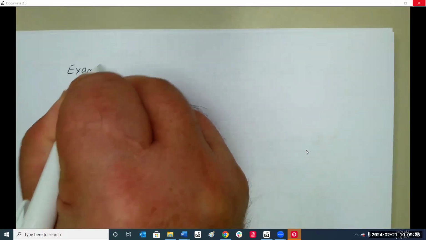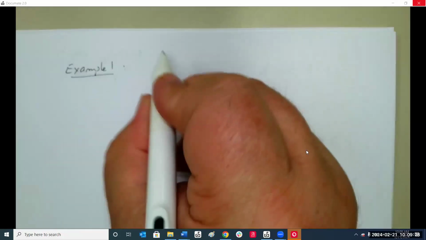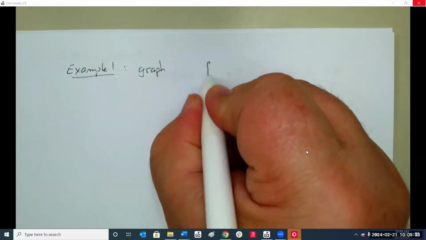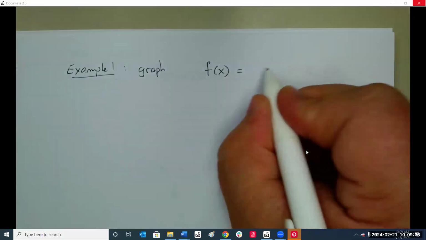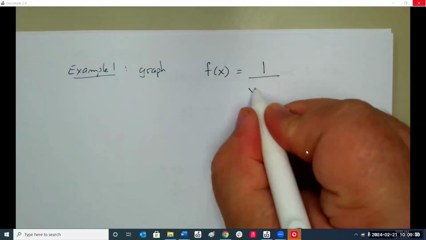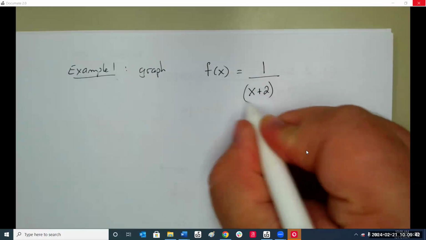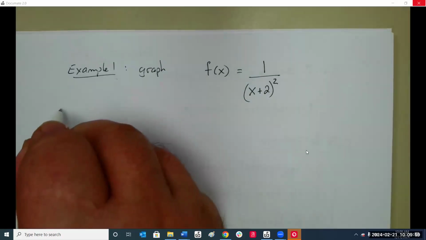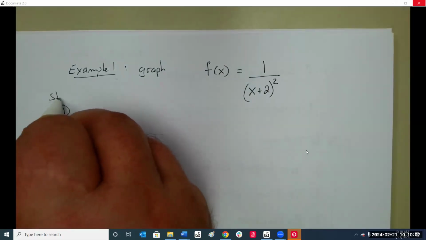For example, graph this function. The way you graph it, the first thing you have to do, here are the steps.